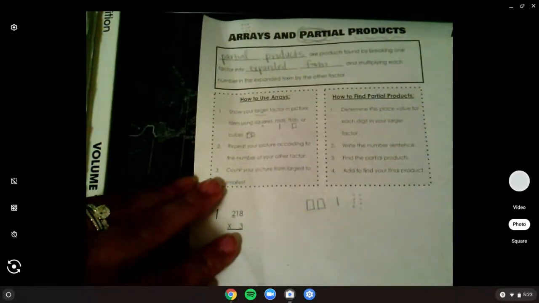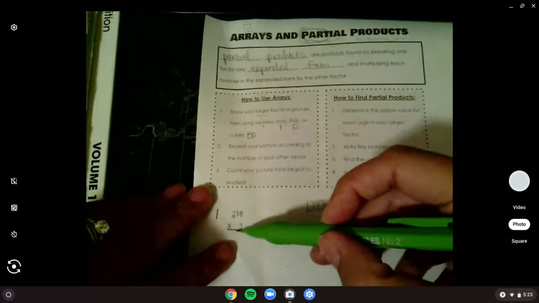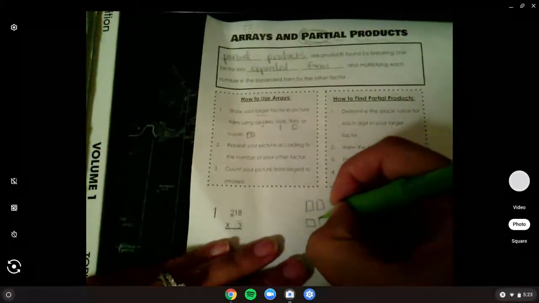Now step number 2 was to repeat according to the number of my other factor. My other factor says 3 times. So I need this picture 3 times. I'm making an array with this picture. And notice I'm leaving a good gap between so I don't get my pictures mixed up.